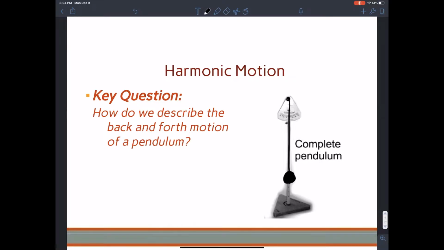Now, once we apply a little bit of force to this, we're going to add some energy, and that weight that's suspended at the end is going to start to move back and forth, back and forth. That is what we would describe as an oscillating object, something that's moving back and forth.